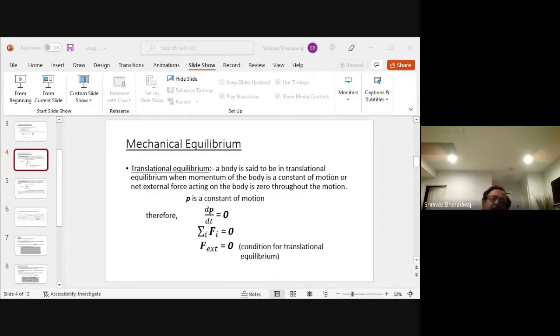If there is translational equilibrium, the sum of the forces is zero. But it is possible that the center of mass of a body is stationary while the body is rotating. So that is the important idea there.